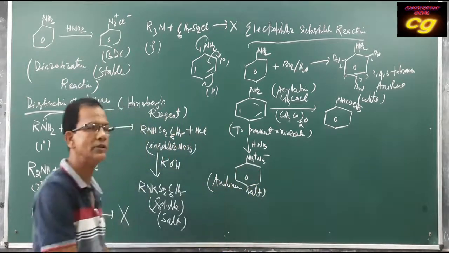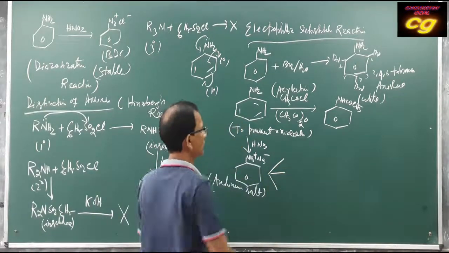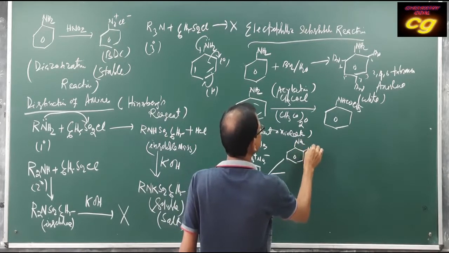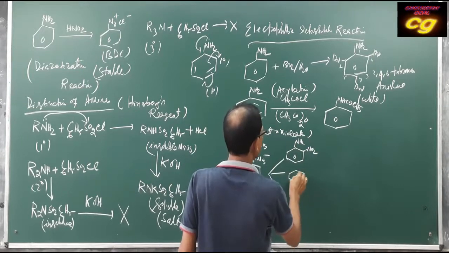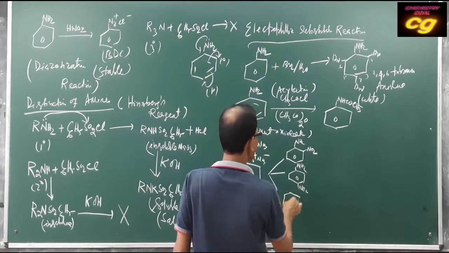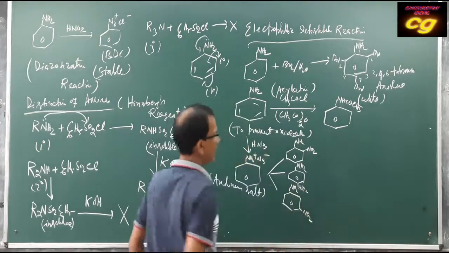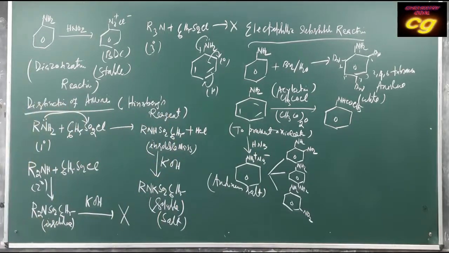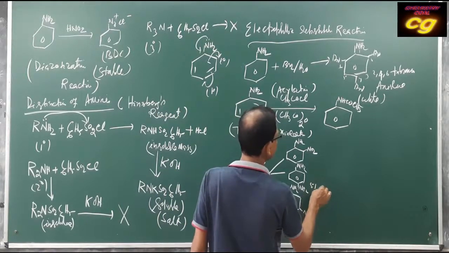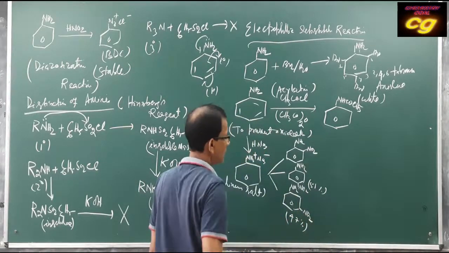Due to formation of anilinium salt, it gives ortho, meta and para products. It will produce the aniline derivative NH2 ortho plus NO2, NH2 para, and also meta. The para product is 51%, the ortho is 47%, and the meta is 2%.